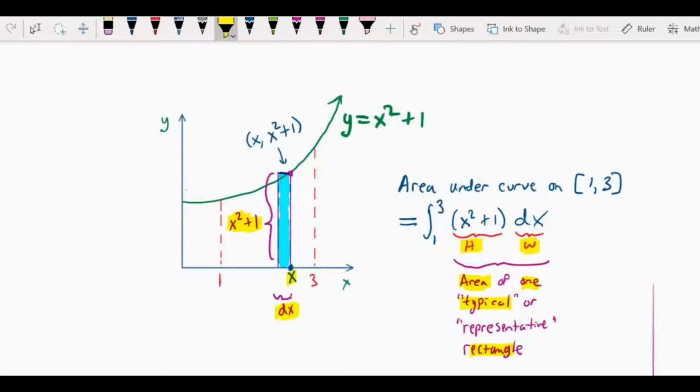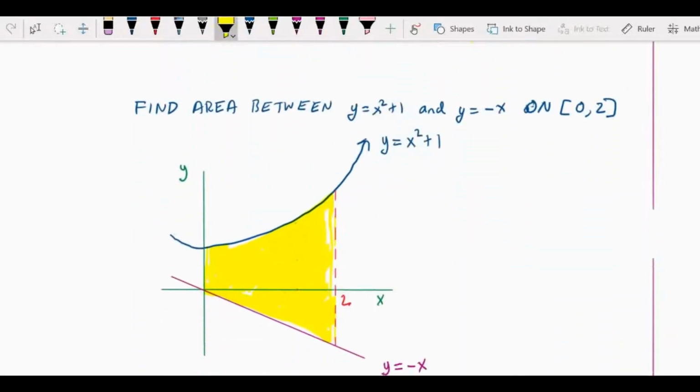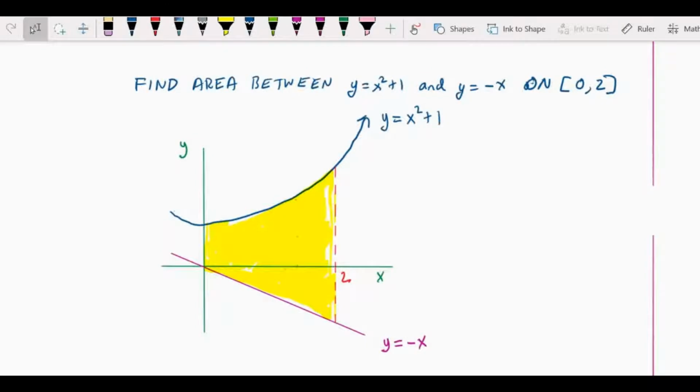We can think of area between curves in the same way. Let's suppose that what we want to do is find the area between y equals x squared plus 1, and that's this curve up here, and the line y equals negative x, which is the purple line on the bottom.